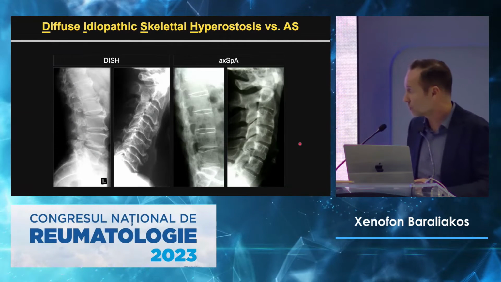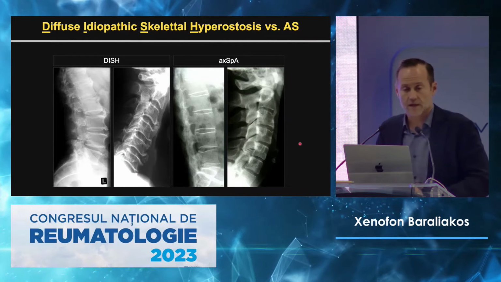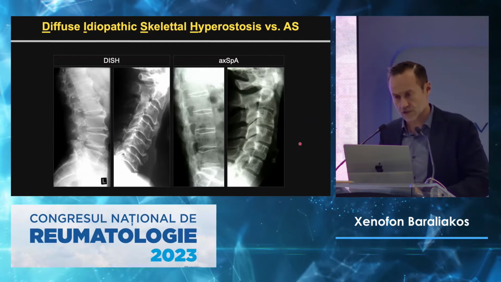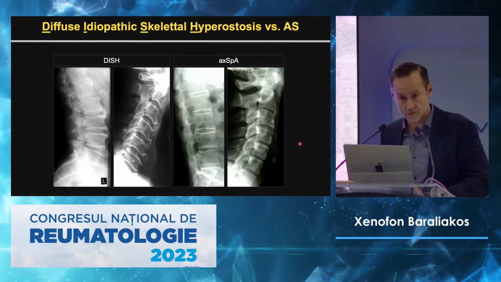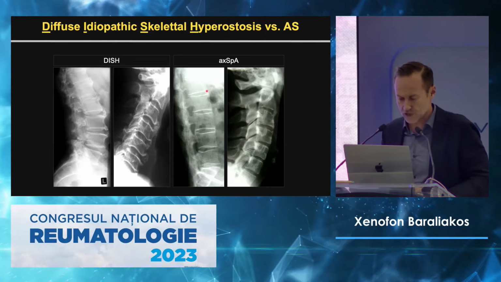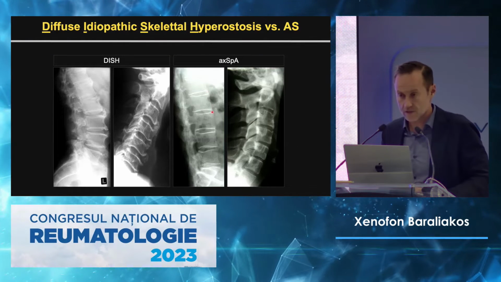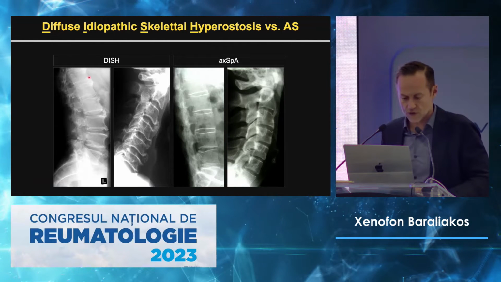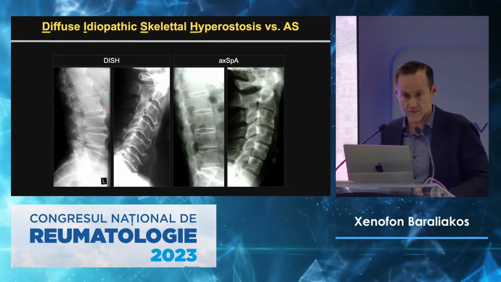One important thing is to differentiate from the other important disease that is causing new bone formation, that is DISH. And the important difference here is that in spondyloarthritis, you have more thin syndesmophytes. In DISH, you have more thick osteophytes.